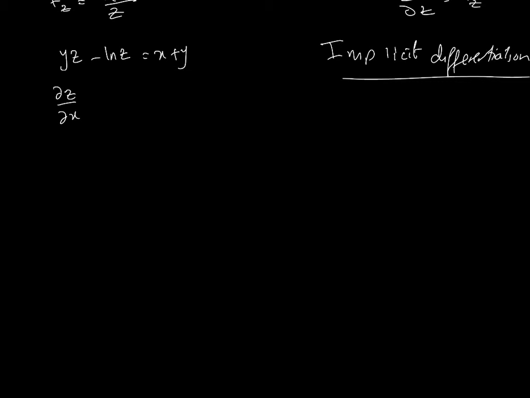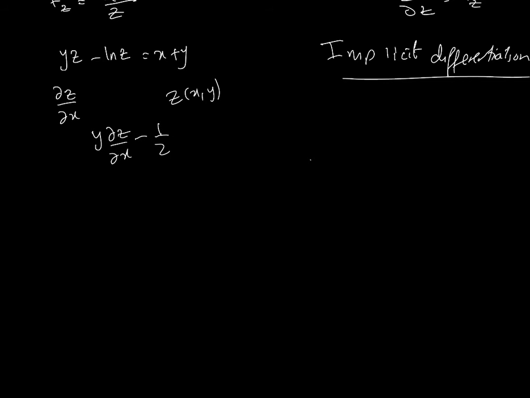We need to know what the two independent variables are. Here we are assuming that z is a function of x and y, but x and y are not functions of each other. So when we differentiate yz, we would have y and then partial z by x, because y would be considered a constant. The derivative of y with respect to x is 0.